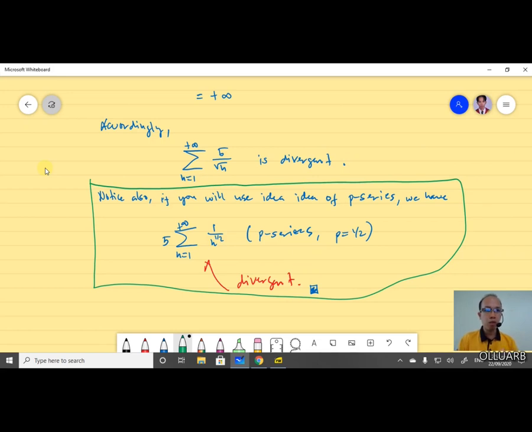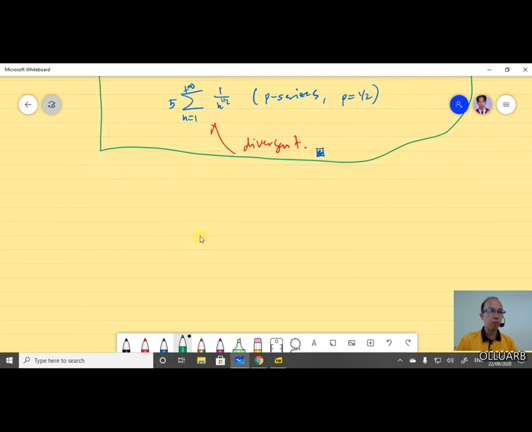But if you use the integral test, then you have a very long solution. But notice that not all problems or exercises can be reduced to a p series. So for example, this one. So let's have another example.